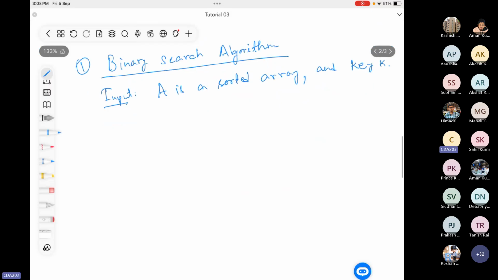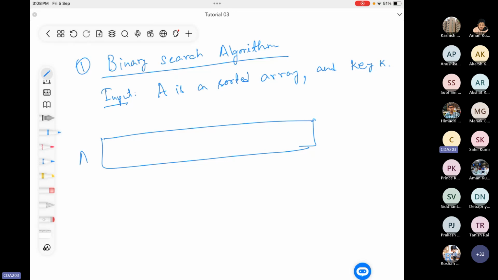How does binary search work? Suppose you have an array A with n elements. Let's say it has some elements: 0, 1, 5, and some more elements up to 100.